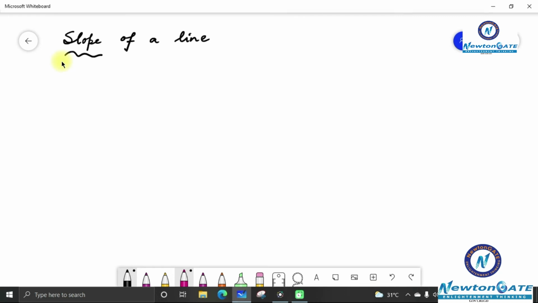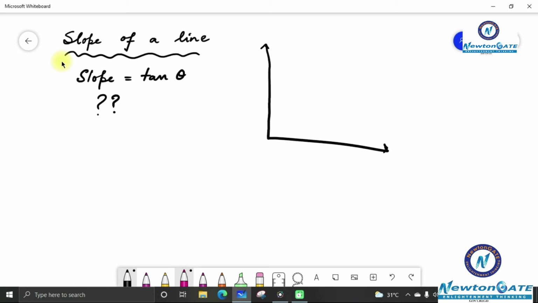Now we have the formula of the slope of a line as slope is equal to tan theta. But what exactly is this slope? So suppose in a coordinate axis, I draw a straight line which is inclined with the x-axis at an angle theta.